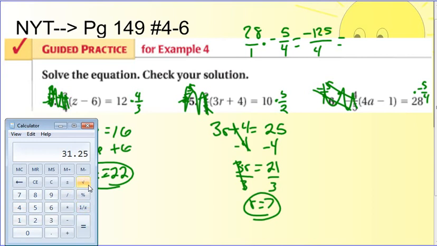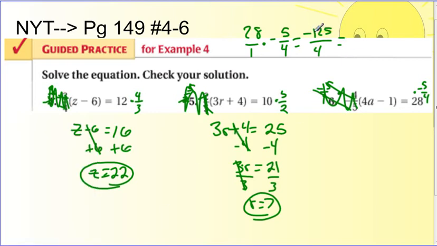Well, I really don't want a decimal. We can do a little bit of dividing. Wait, 28 times 5 equals... I thought something was wrong. I thought it should divide a little bit. So somehow I typed something in wrong. This should be 140, not 125.